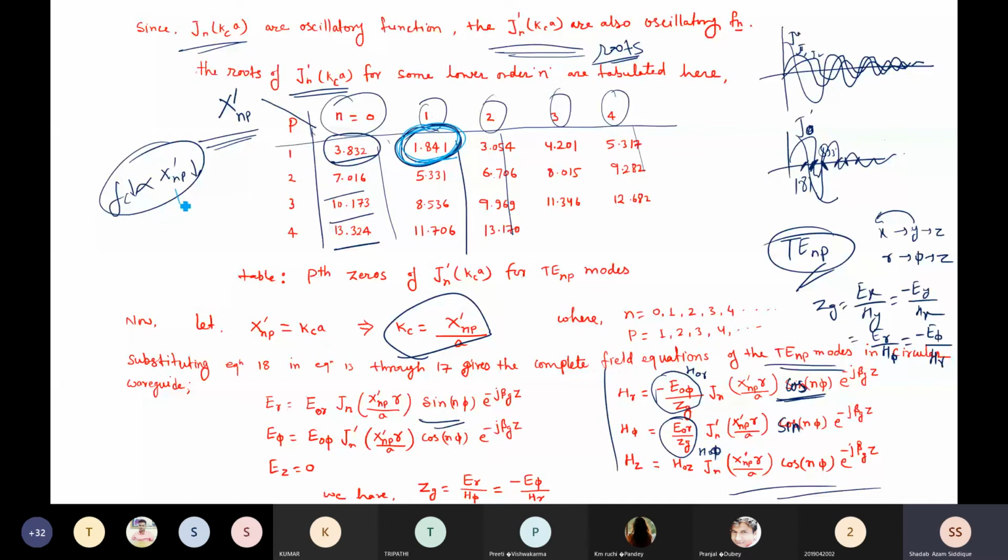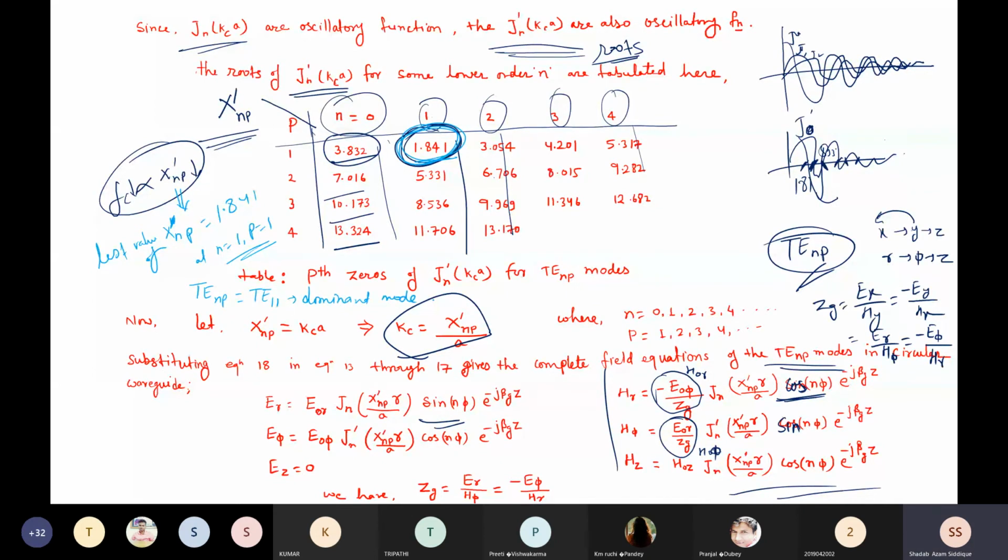So the least value of Xnp dash is 1.841, at n equal to 1 and p equal to 1. That's why we call TE11 mode the dominant mode, because the modes are in the format TE np.